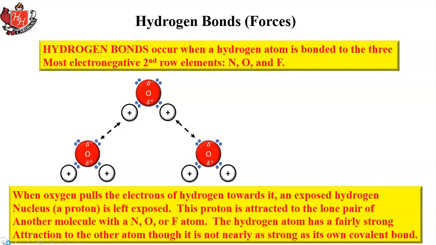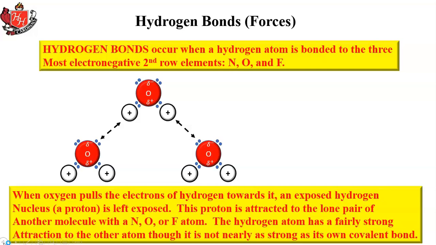The hydrogen atom has a fairly strong attraction to the other atoms, though it is not nearly as strong as its own covalent bond. So the other atom can't pull that plus sign, that proton, away from its original atom, but it does have a fairly strong attraction.